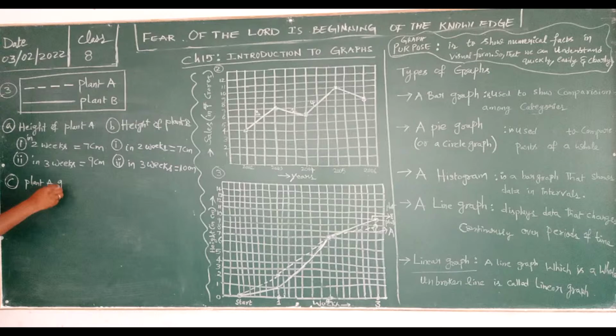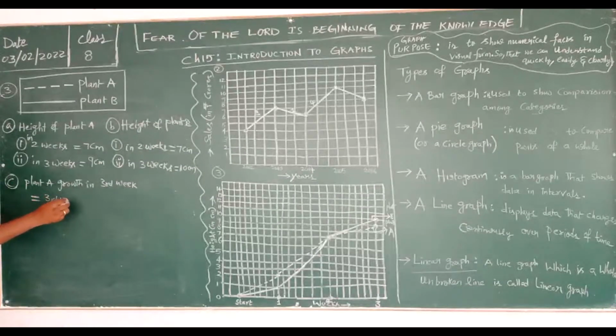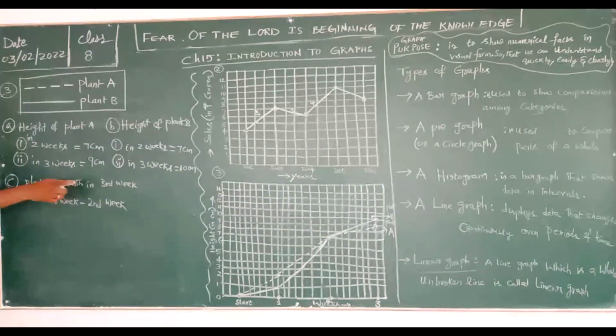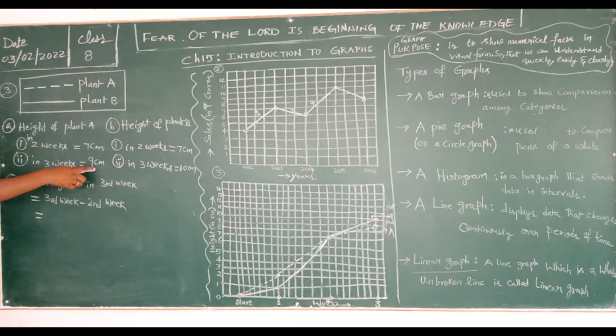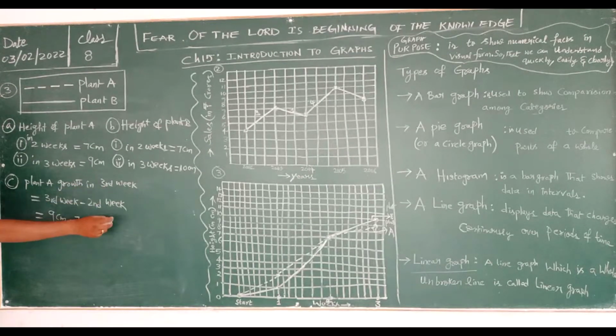It is third week height minus second week height. Then you will get how much it grew in the third week. Third week plant A is 9 centimeters, second week it is 7 centimeters. So only in the third week, how much did it grow? 2 centimeters only.